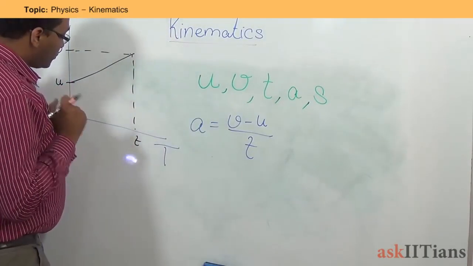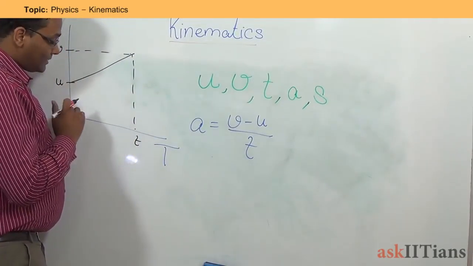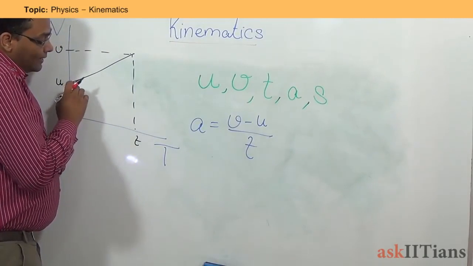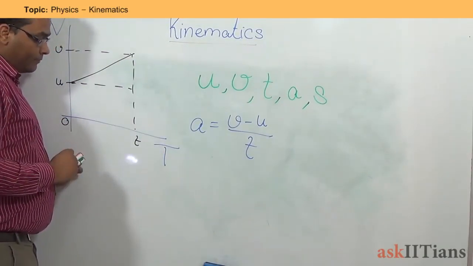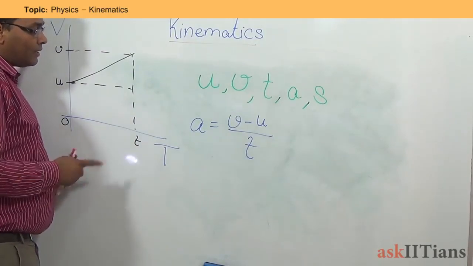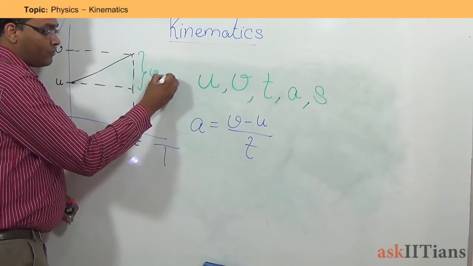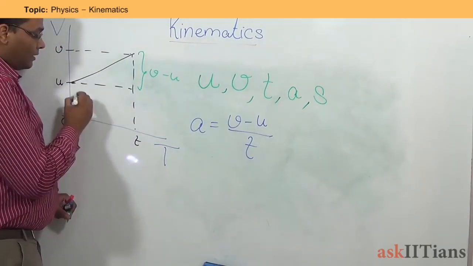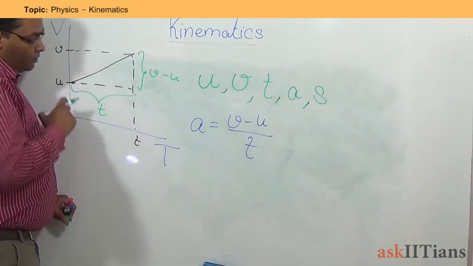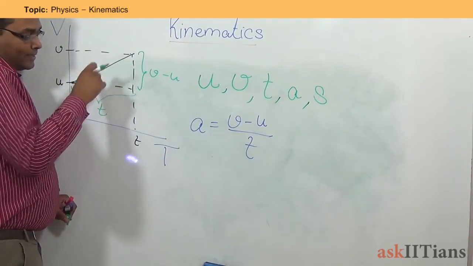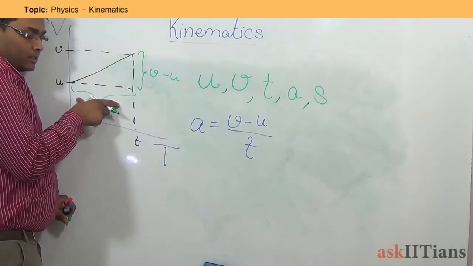Okay, so from this graph, if I am required to find out how much the acceleration is, how do I do it? I can simply say that if I join here, effectively I will get this particular value, that is the vertical distance, which is equal to v minus u, right? And similarly, this is equal to t. Therefore, the slope of this graph, slope basically means the vertical change in height divided by the horizontal change.